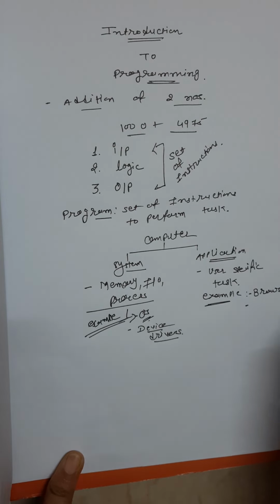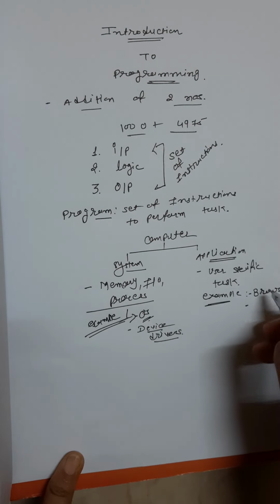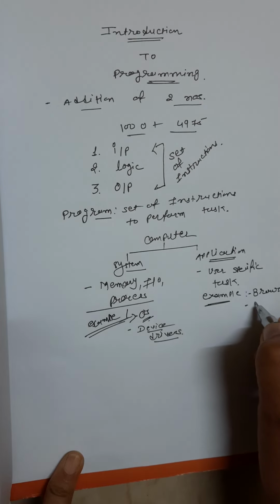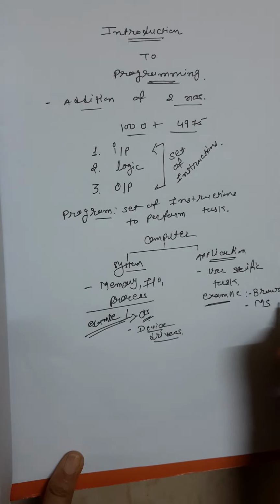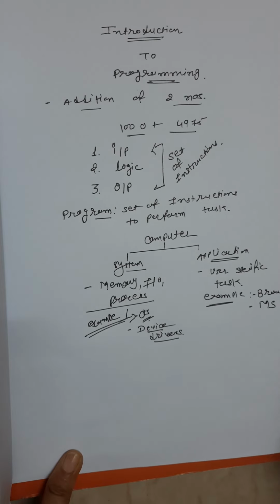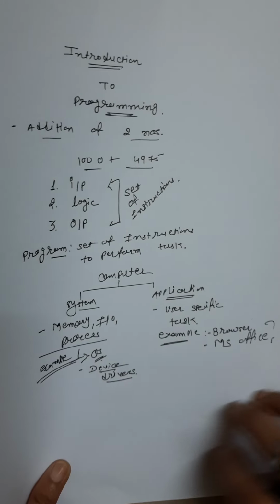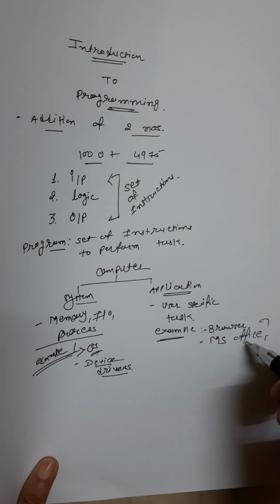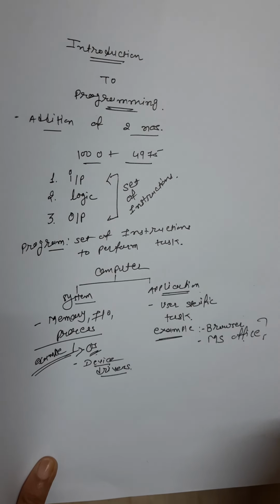All these are browsers. Now there are some users who are using Microsoft Word, Microsoft Excel. So they are using MS Office, right? So these are examples of application software, right?